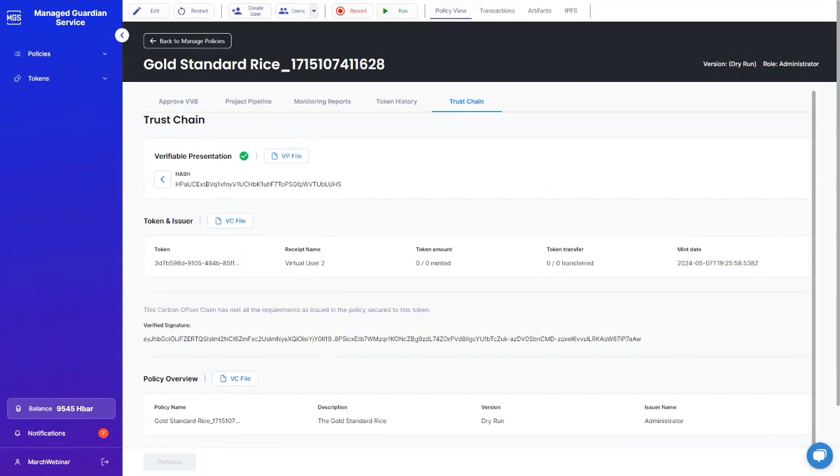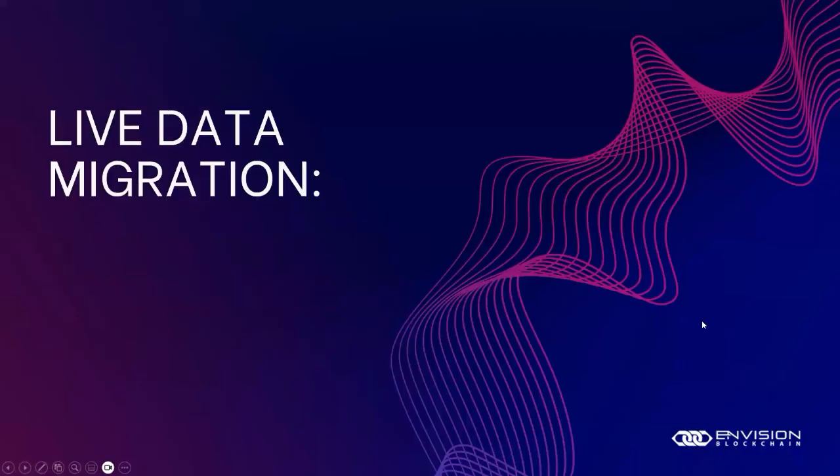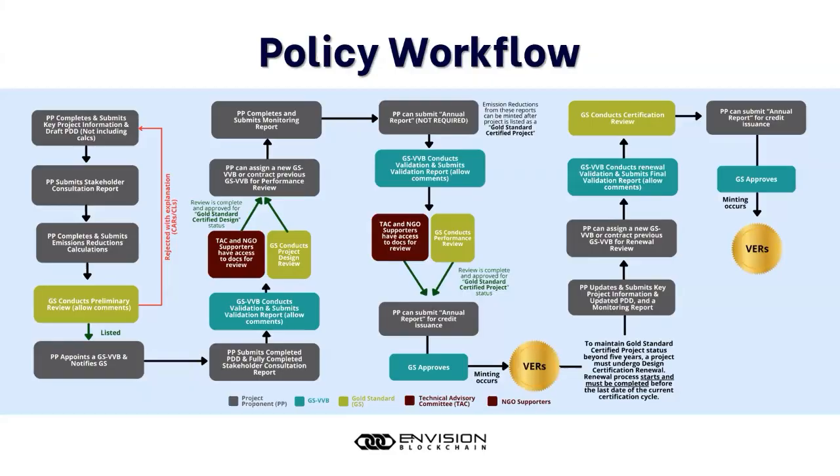So before we end, I wanted to go over our live data migration, which plays an important role here, as if we go back to the workflow, we are at this point. Once this project has reached its 5 years of being active, we would want to go ahead and do a renewal where we submit all that information again and go through the process that we just saw in that demo.